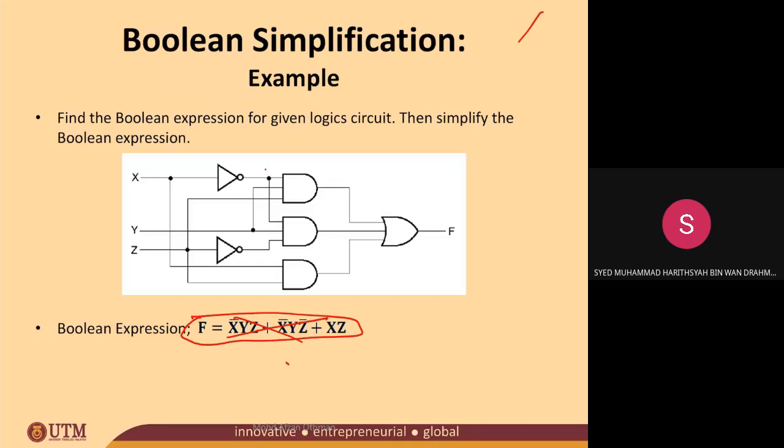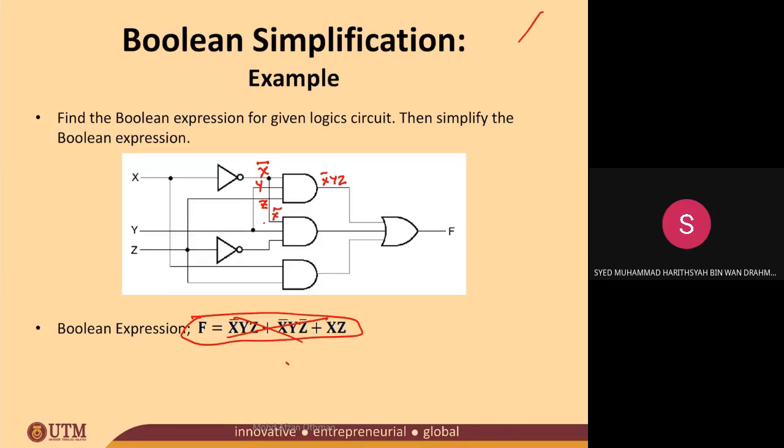So I will derive this. Okay. So here it goes, X goes to a NOT gate, so you have the X bar. So here you have the Y. So this is how we derive the equation, and then we have the Z. So here you will have X bar, Y, Z. Then you have the X bar again.